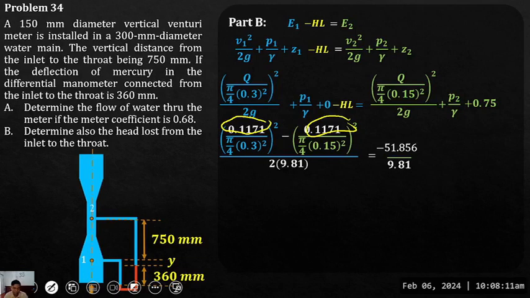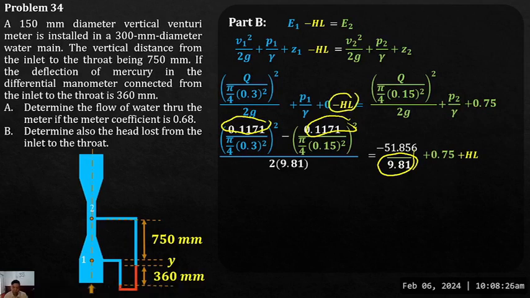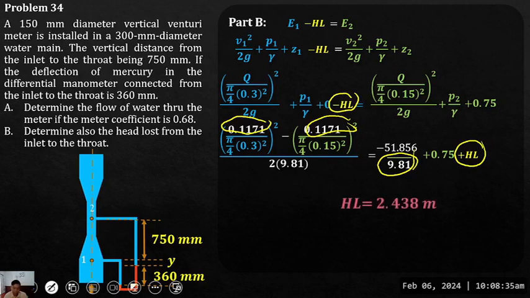Yung gamma natin, this is water, so wala tayong specific gravity na i-multiply sa 9.81. As is lang siya. Plus yung 0.75, tapos yung head loss plus na siya kasi negative siya dito. So, transpose mo sa kanan, magiging positive head loss. So, masasolve mo na si head loss, which is 2.438 meters. Answer for part B.